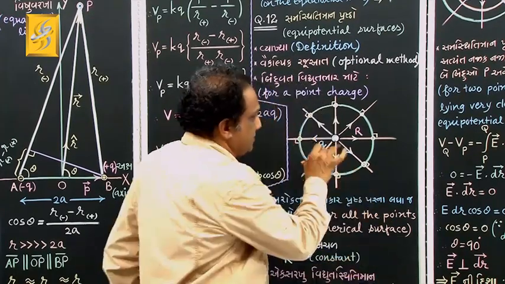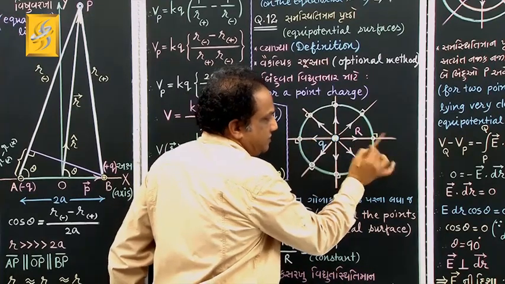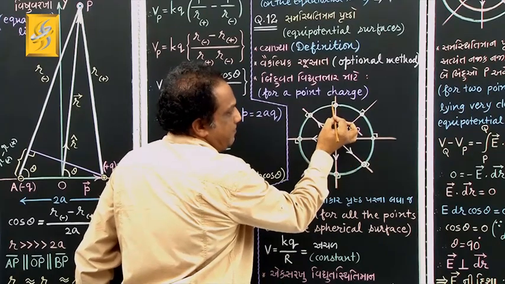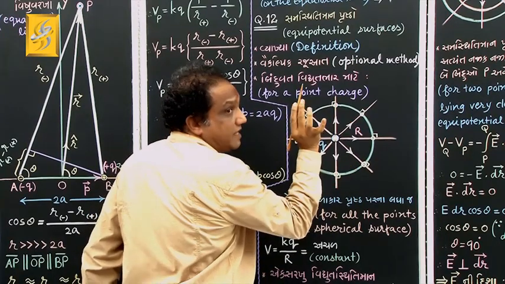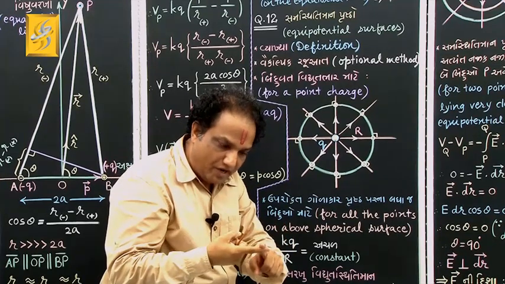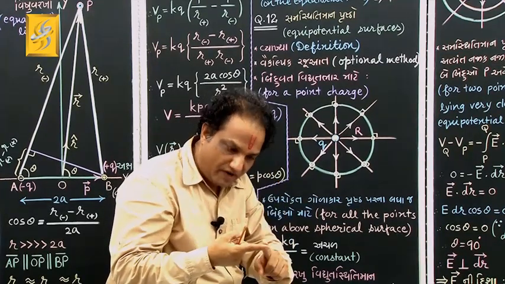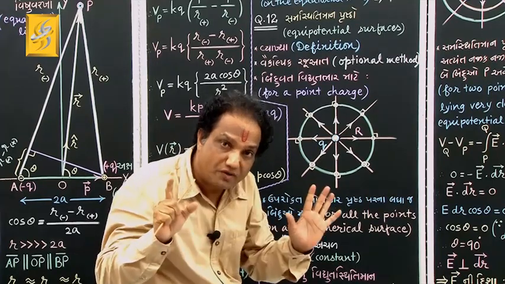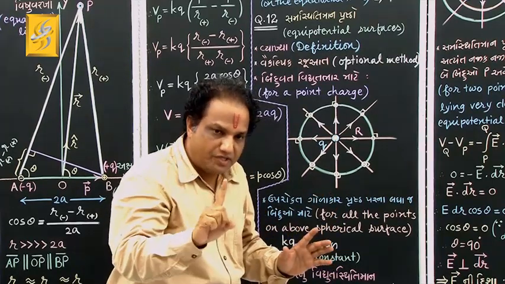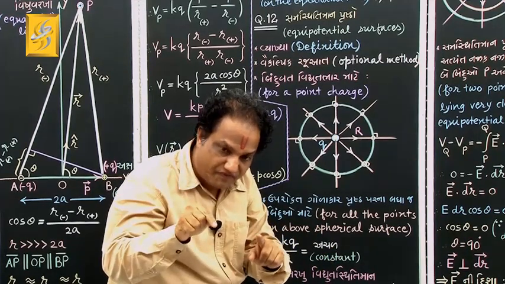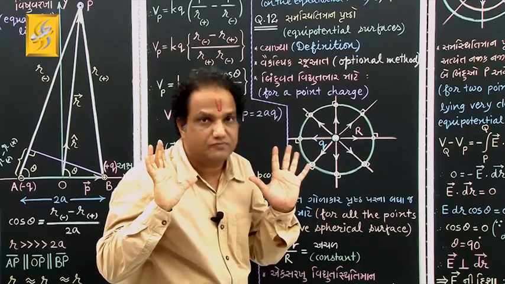This direction is perpendicular to this part of the surface, like that. Direction of electric field is always perpendicular to equipotential surface locally. I repeat, direction of electric field at each point on equipotential surface is perpendicular. Fine.